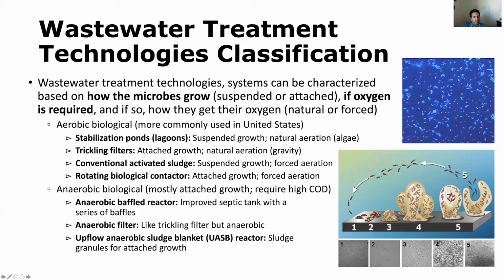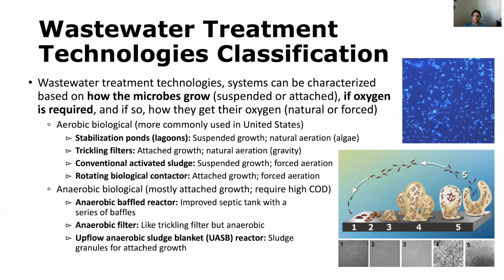The anaerobic filter is kind of like a trickling filter, except it's anaerobic, and the wastewater flows upward usually through the filter in the absence of oxygen. So you get different communities of microorganisms rather than microorganisms that need oxygen as a terminal electron acceptor to oxidize that organic matter and convert it down to CO2.